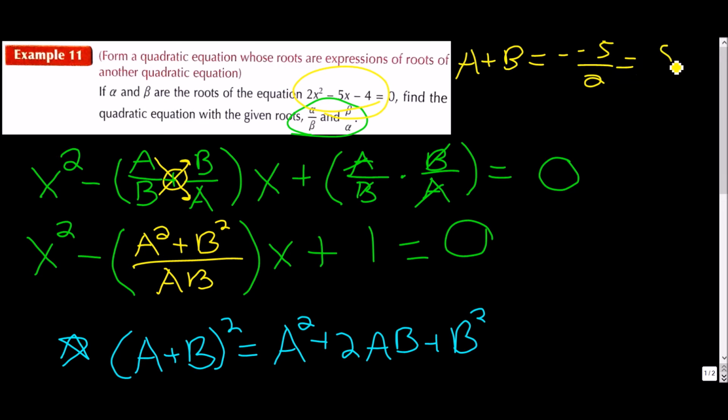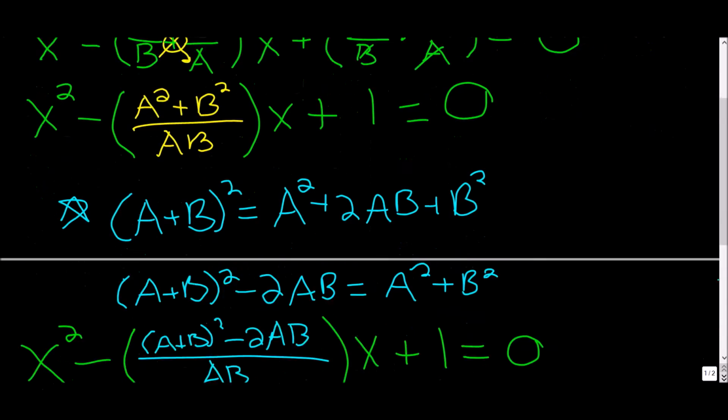So we can replace alpha plus beta with 5 halves. And we also know that alpha times beta is going to equal negative 4 over 2, which is negative 2. So we're going to use 5 halves for alpha plus beta and negative 2 for alpha times beta.